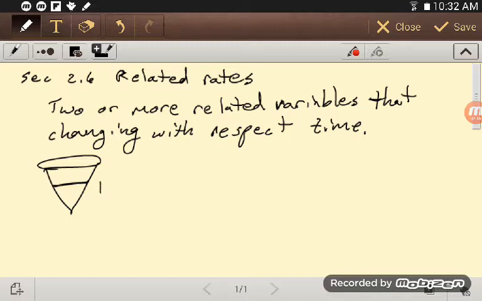That height is h, and at that height you would have some radius r, and the volume is equal to, for a cone, pi over 3 r squared h.